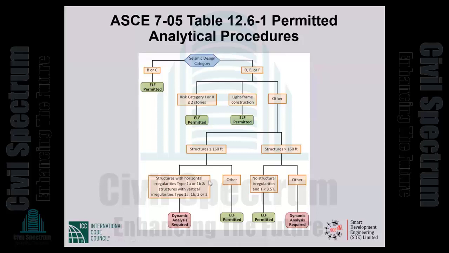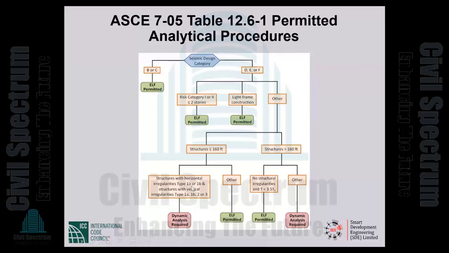If you have buildings up to 160 feet tall, then if you have structures with horizontal irregularities type 1A, 1B, that is torsional and extreme torsional, and structures with vertical irregularities 1A, 1B, 2 or 3. 1A is soft story, 1B is extreme soft story, 2, 3, whatever they are.